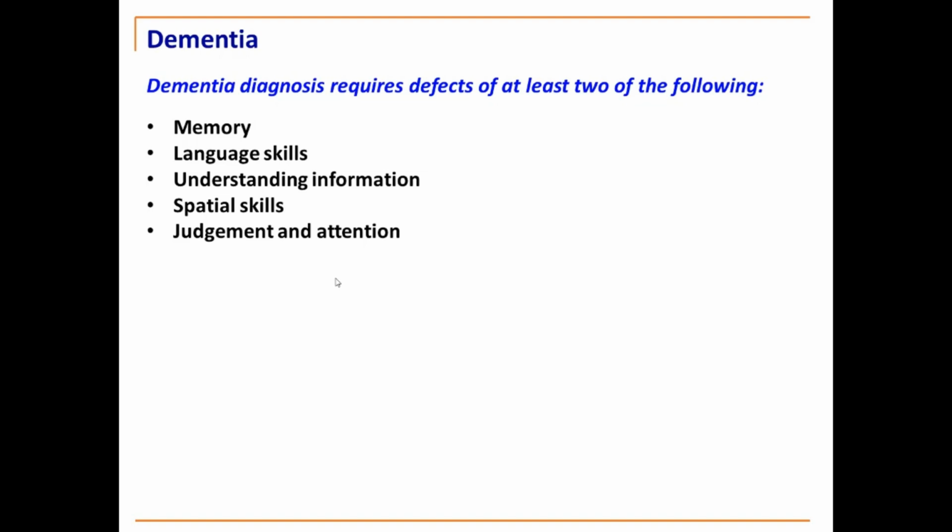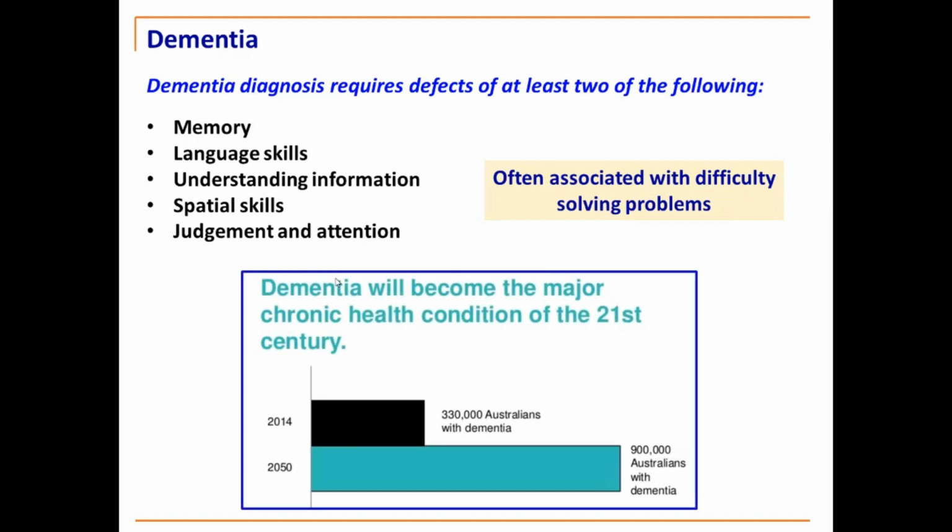And many people will have problems controlling their emotions, and it's often associated with difficulty solving problems. You're losing those higher order thinking skills. People may have personality changes. They're quite common as well. And dementia is becoming a major health problem in the developed world.